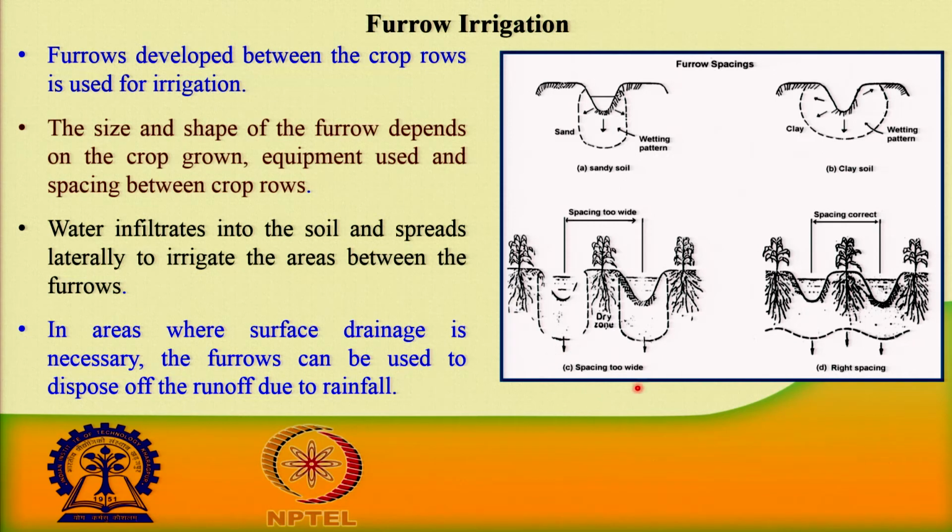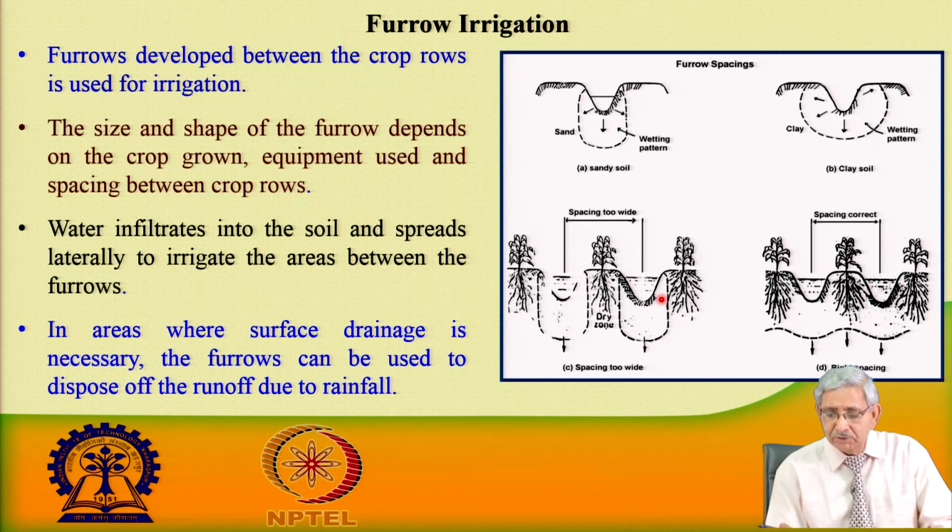If the furrow is made in sandy soil and the spacing between the furrows is too wide, then the movement of water in the lateral direction will be lesser, so part of the area will be dry.